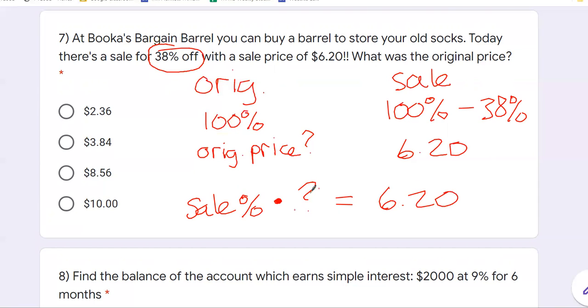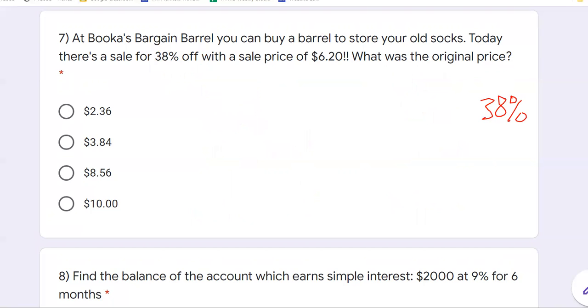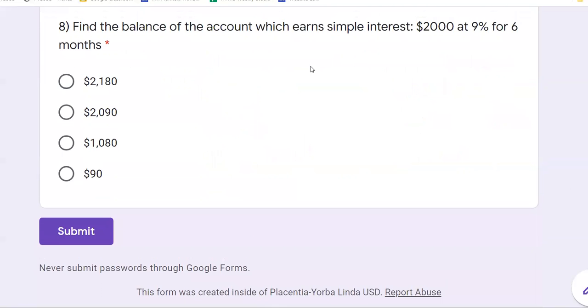So you have to solve for this variable, using one of the properties of equality. I'm not going to tell you which one, but it's the inverse of multiplication. You're welcome.